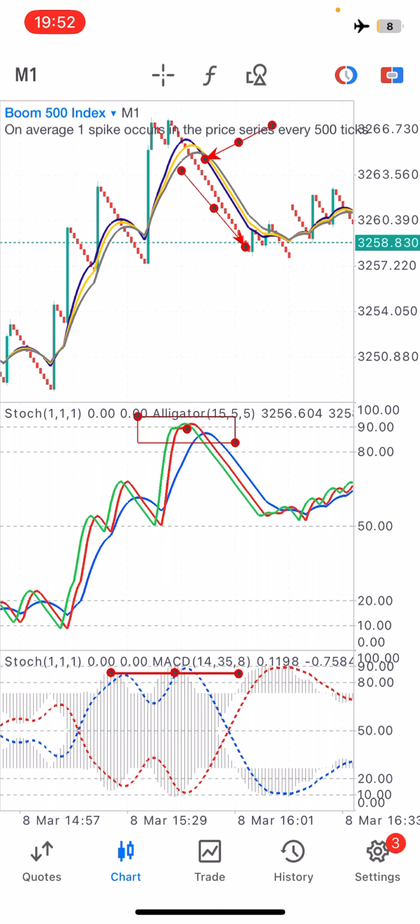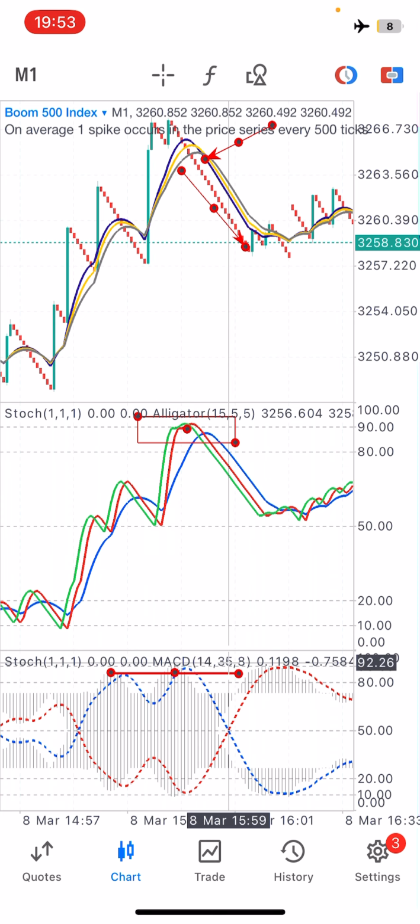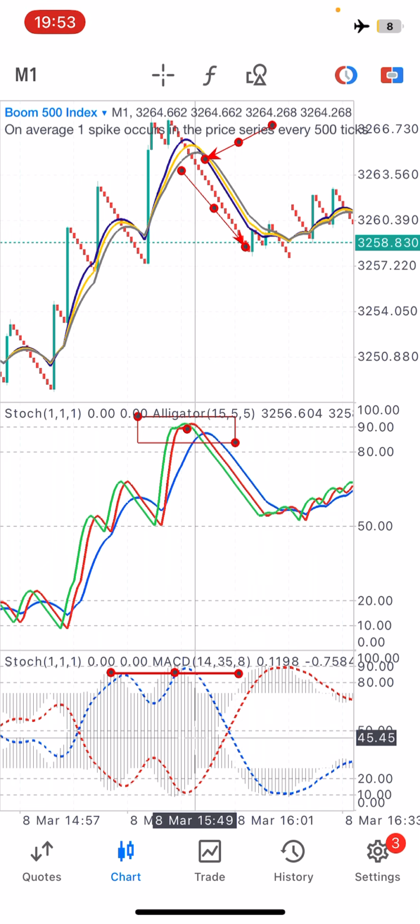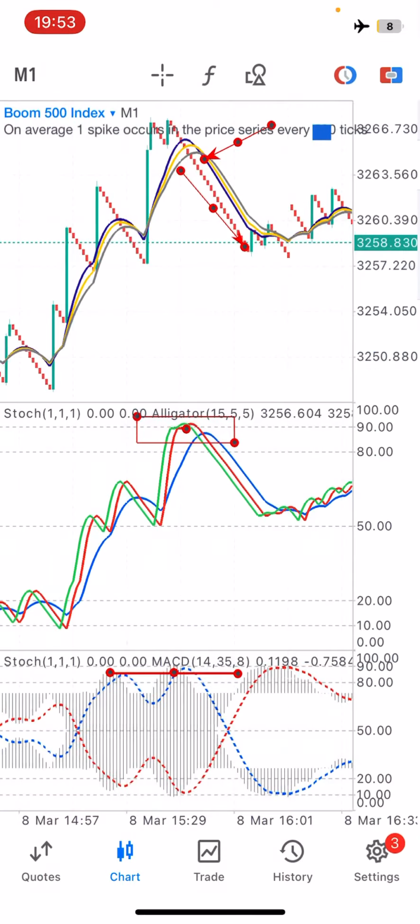Okay, so you're probably wondering then how many candles, how long do I hold this trade? What is my take profit? What is my stop loss? You can use quite a few take profit methods. Number one, you can take profit whenever you see this red and blue line trying to cross each other at level 50.